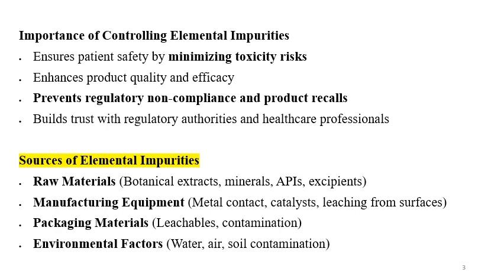Sometimes manufacturing equipment which are made up of different metals may come in contact and can introduce the elemental impurities. Packaging materials may be a source. There may be some leaching or contamination, and environmental factors responsible may be like water, air and other contamination.